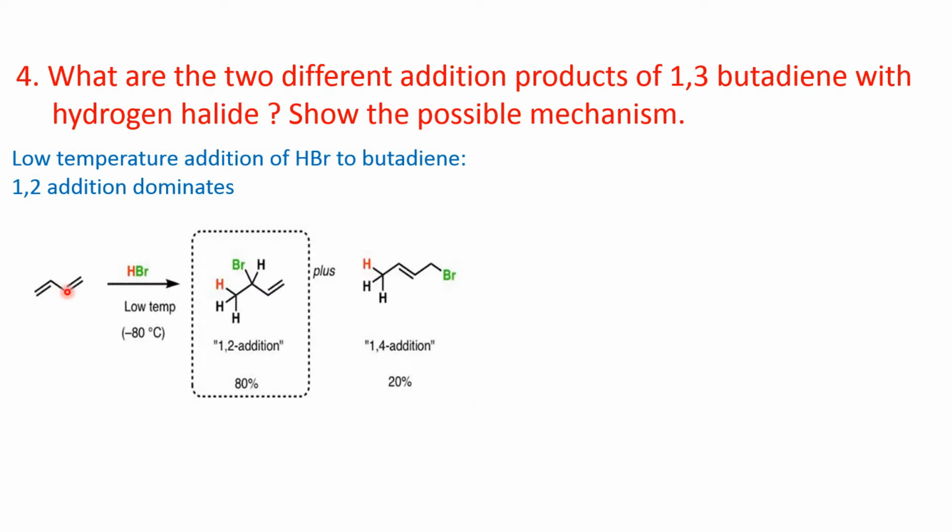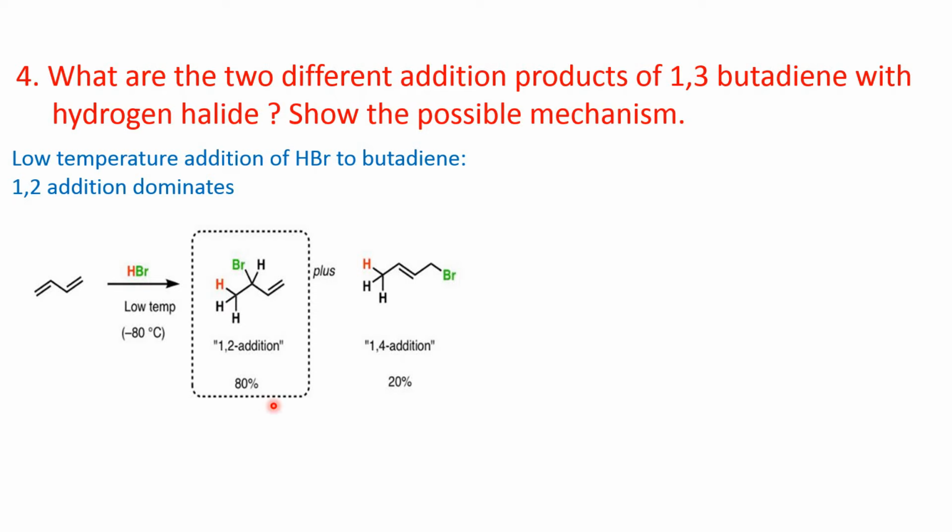So this is 1,3-butadiene, and when hydrogen bromide is added at low temperature, say minus 75 or minus 80 degrees centigrade, then this hydrogen bromide is added at this 1,2 position following Markovnikov's rule. So this is the 1,2 product and this is the major product at low temperature.